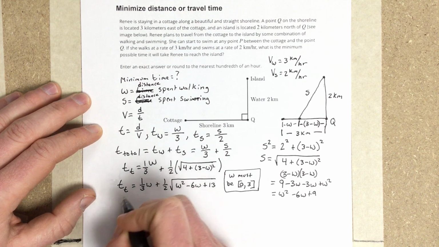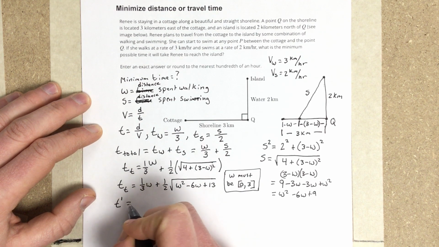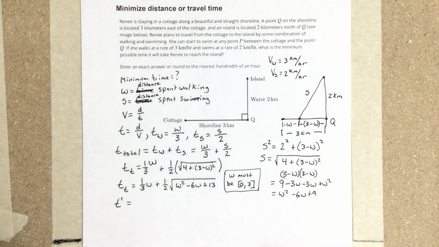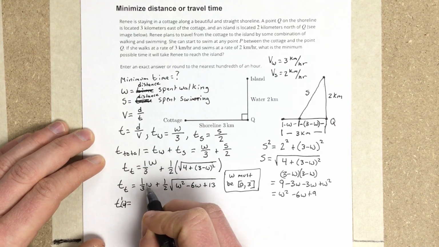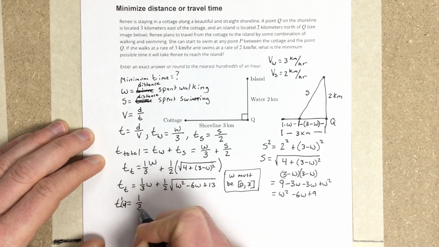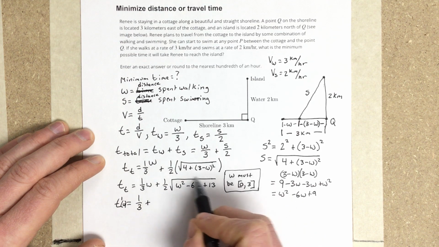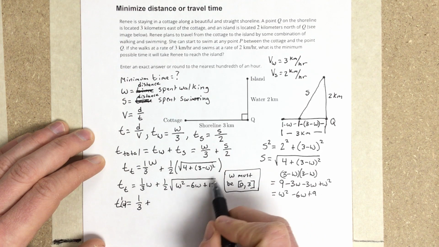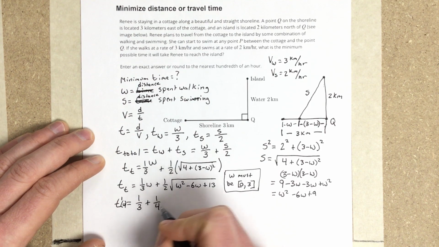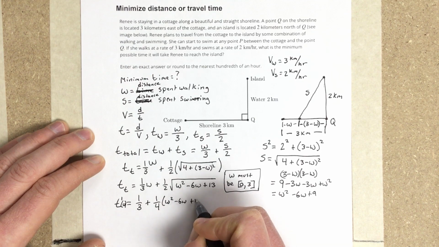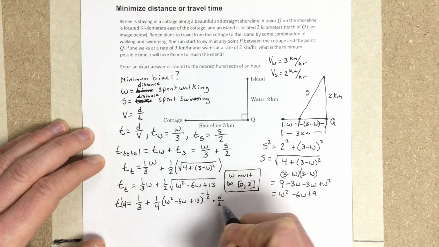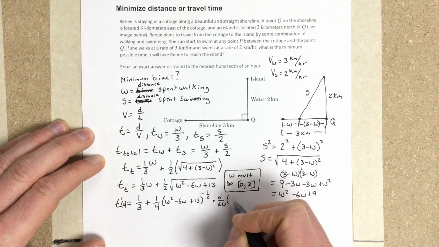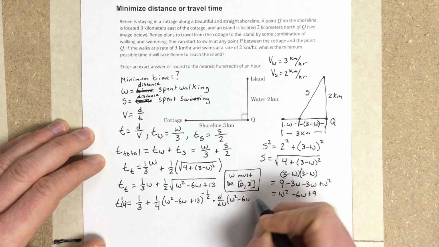So we're going to say that t prime of w is going to equal the derivative of 1/3 w, which would just be 1/3, plus the derivative of this. Remember, this is all to the half power, so bring a half to the front. That'd be 1/4 times (w squared minus 6w plus 13) to the negative 1/2 times the derivative with respect to w of w squared minus 6w plus 13.